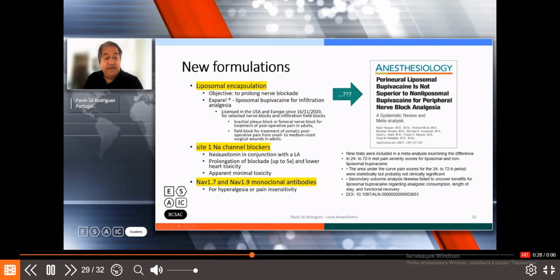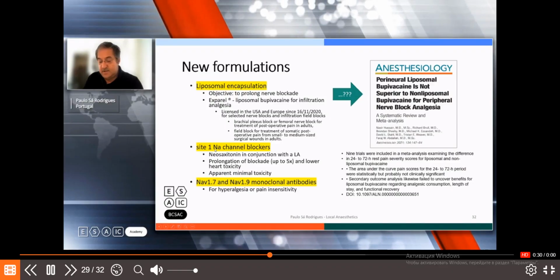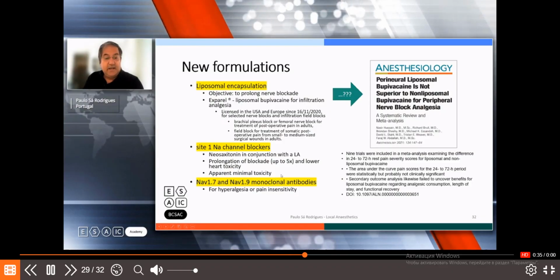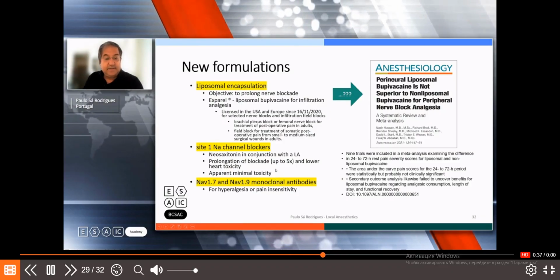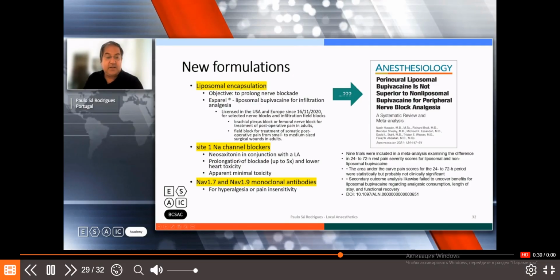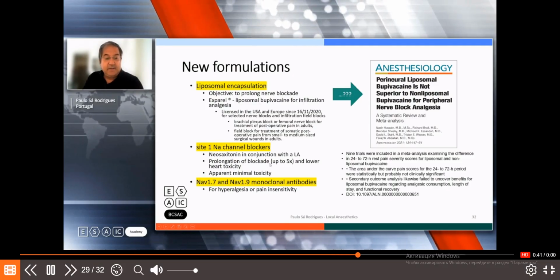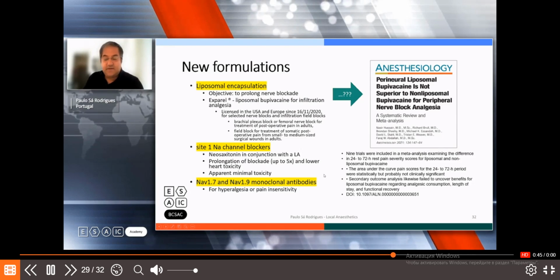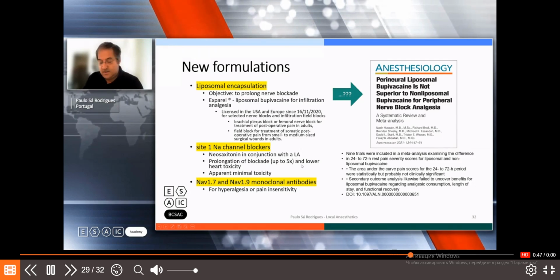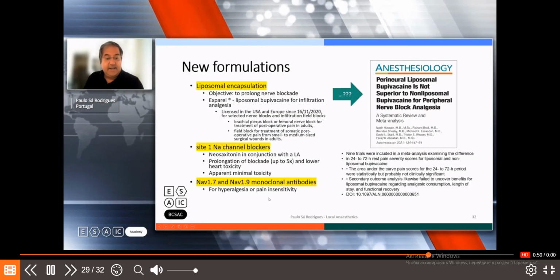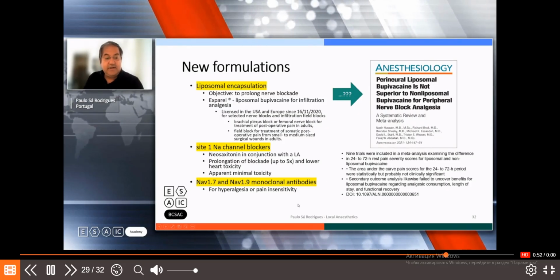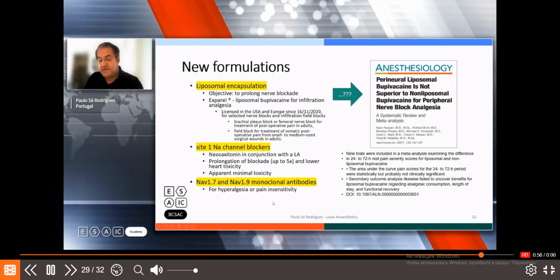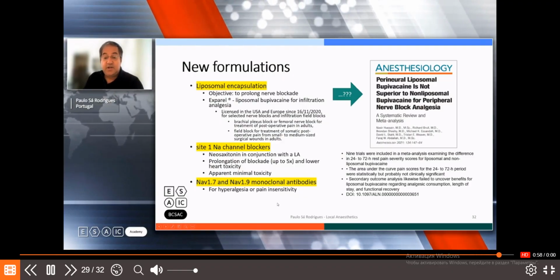And specific subtypes of channel blockers are being developed, like neosaxitoxin, that may prolong the blockade up to 5 times and lower the toxicity regarding the cardiac cells, and monoclonal antibodies regarding hyperalgesia and pain insensitivity in patients with channelopathies.